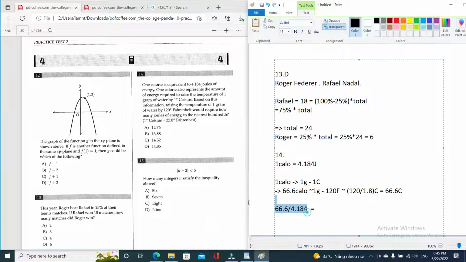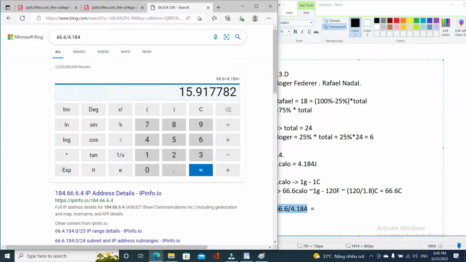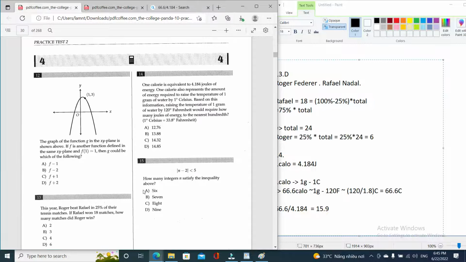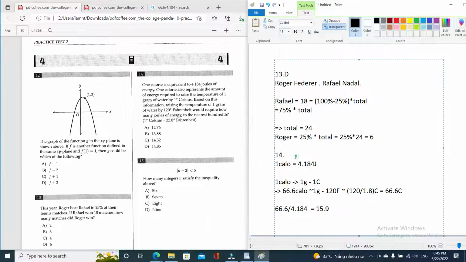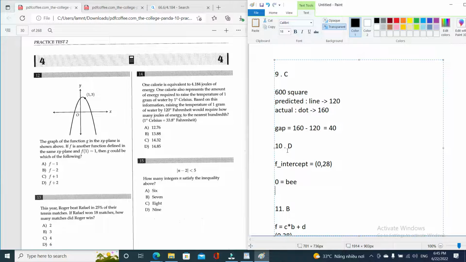So that's 15.9. So I think it's D. I could be wrong though.